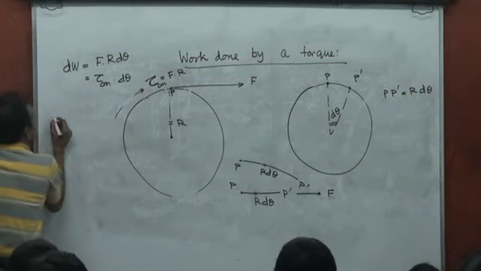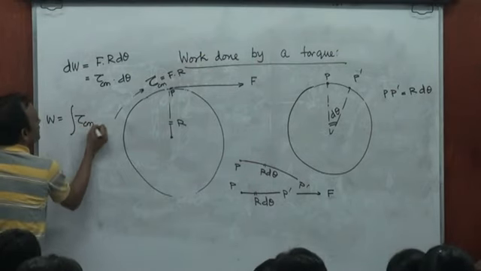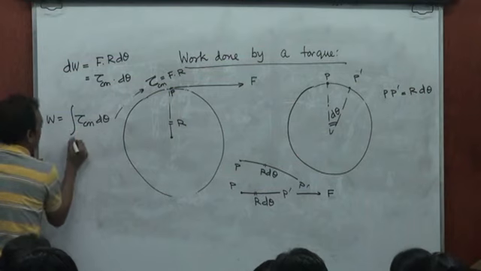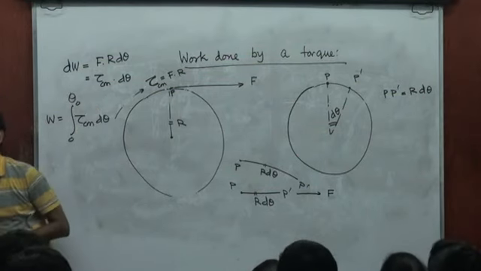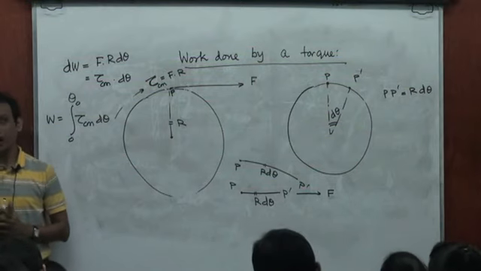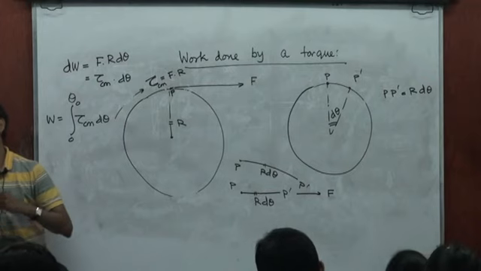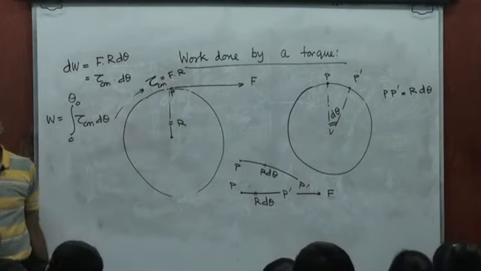The total work done would be the sum total of all this, the integral, let's say theta changes from 0 to some theta naught. This is the work done by a torque, tau d theta, summed over theta from 0 to theta naught. Clear?